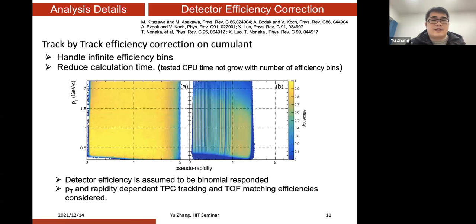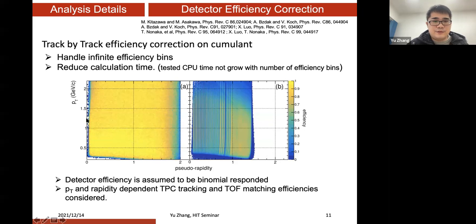The detector efficiency correction. In this 3 GeV analysis, we are using a track-by-track efficiency correction method. In the previous analysis, the conventional method, we used a 2 efficiency bins method. With this new method applied, we can handle infinite efficiency bins.